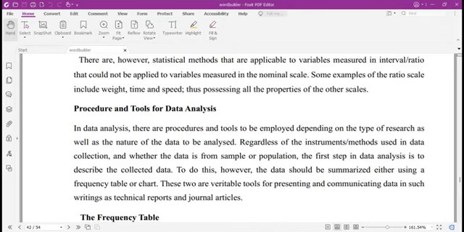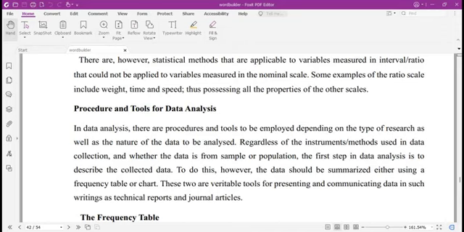To do this, however, the data should be summarized either using a frequency table or chart. When you summarize the data, it is easier understood. Anybody can look at it and be able to interpret it and understand what you were talking about.